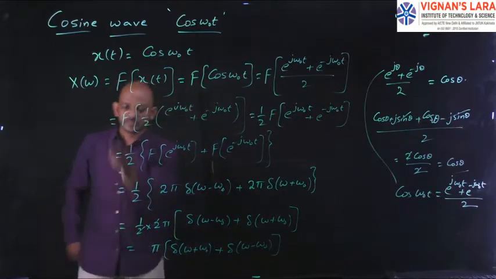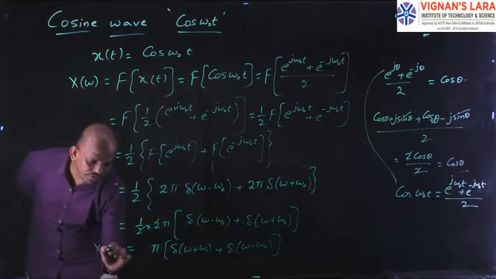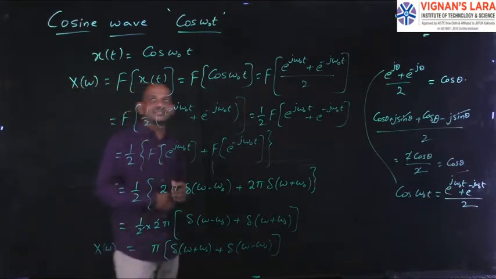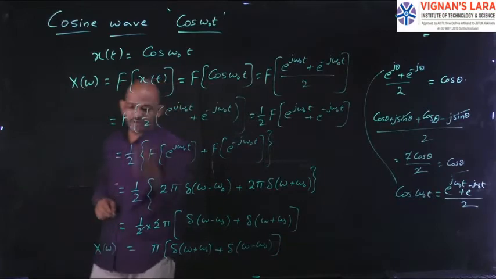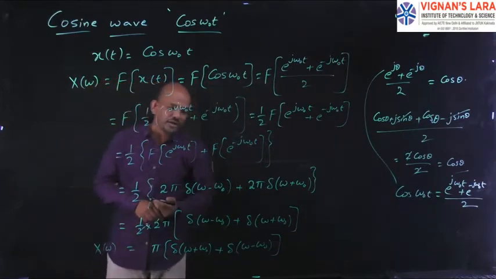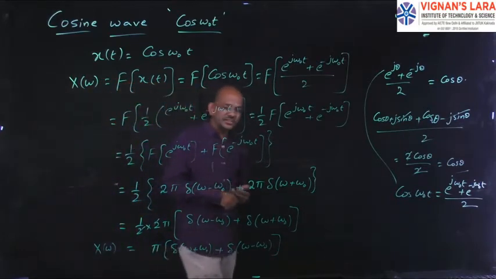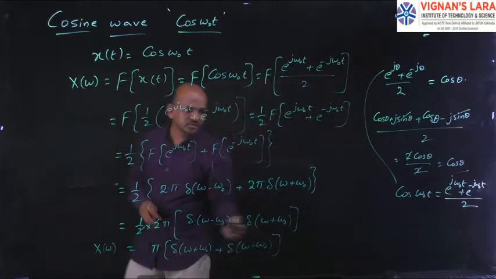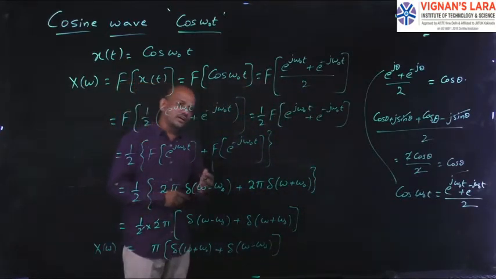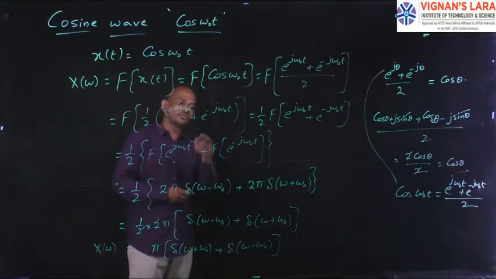So this is nothing but our Fourier transform of the given wave. The Fourier transform is π into δ(ω + ω₀) plus δ(ω - ω₀). By this way we can find the Fourier transform of the cosine wave.